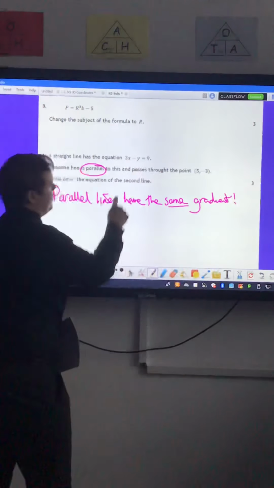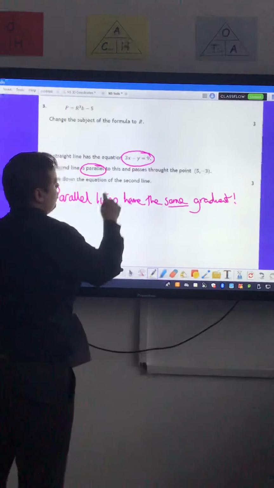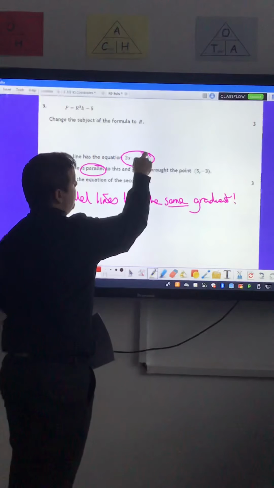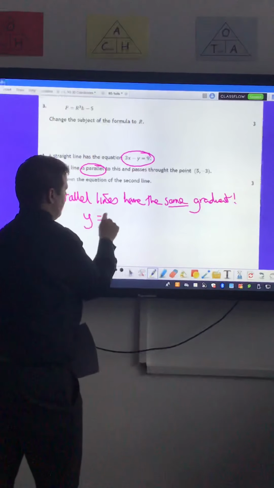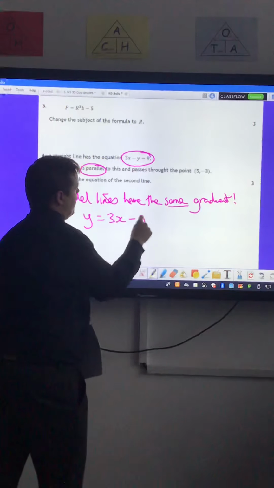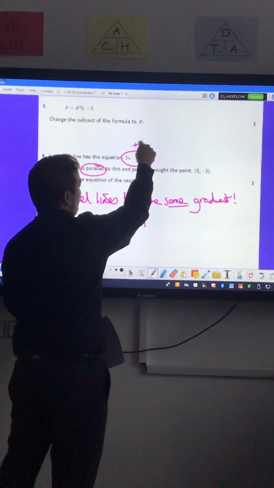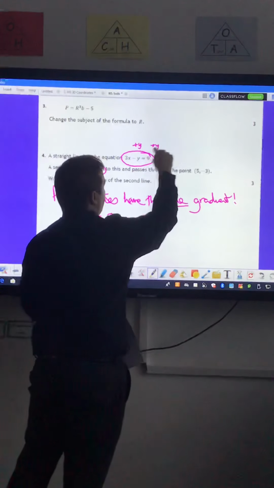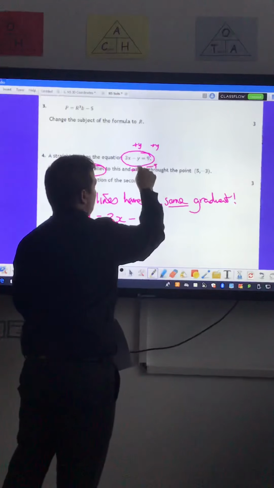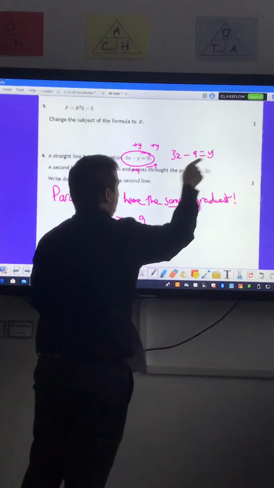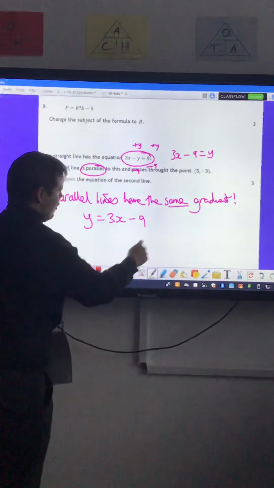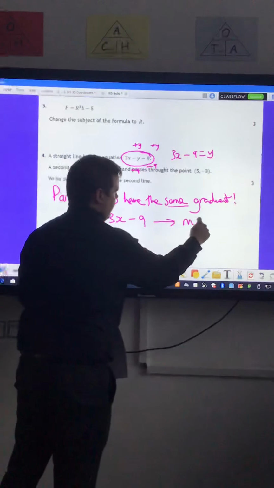But our issue here is this is not in the correct form, so I'm going to rearrange it, and we're actually going to just swap the y and 9 over, be a wee bit cheeky. y equals 3x minus 9. You are technically adding y to both sides, and then taking away 9 from both sides, which would give you 3x minus 9 equals y, and all I've done is flipped it around to look like a straight line. So that means your gradient is 3.